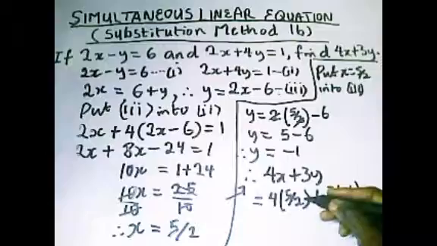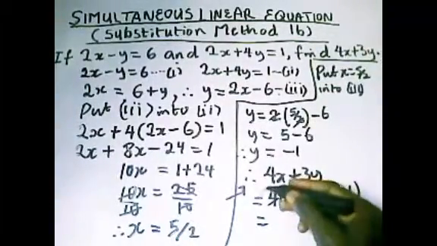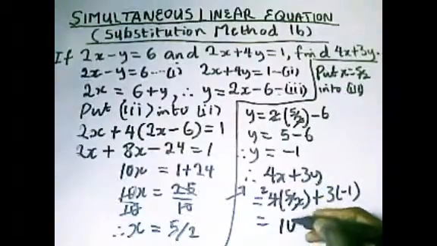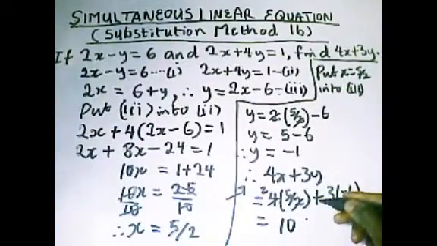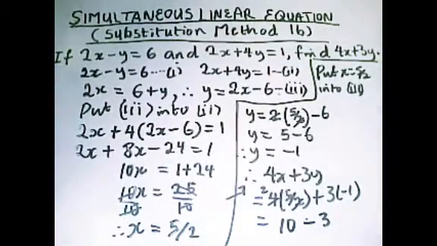If we simplify, we cancel 4 by 2 to give us 2, and 2 times 5 will give us 10, then plus 3 times minus 1 will give us minus 3, and if we simplify that we are going to have 7 as our final answer.